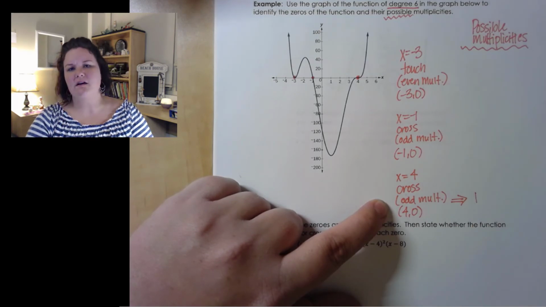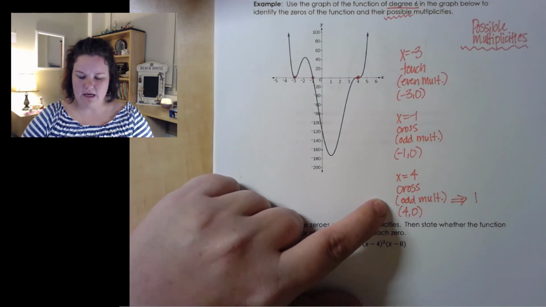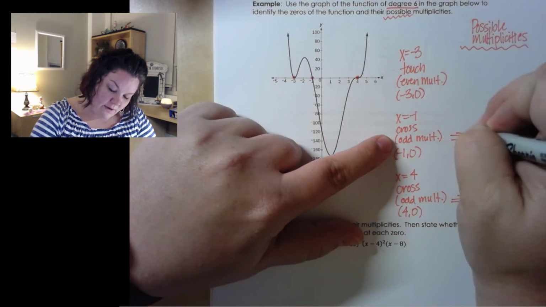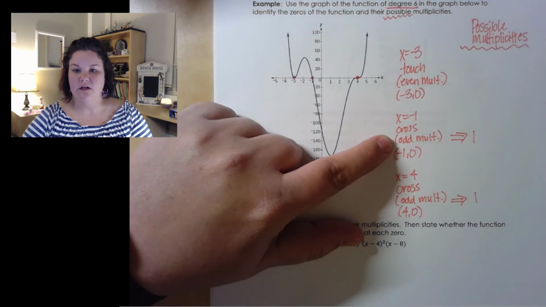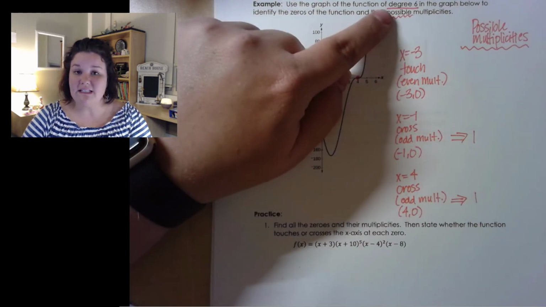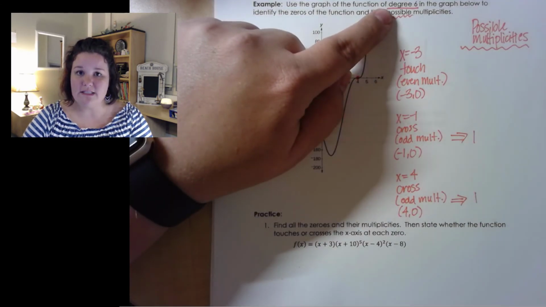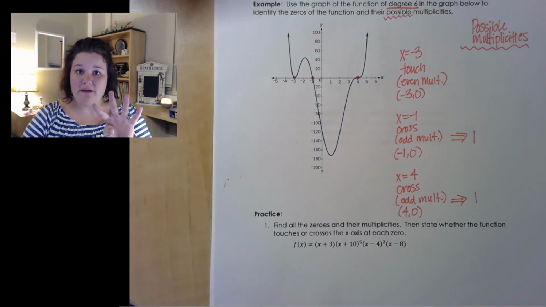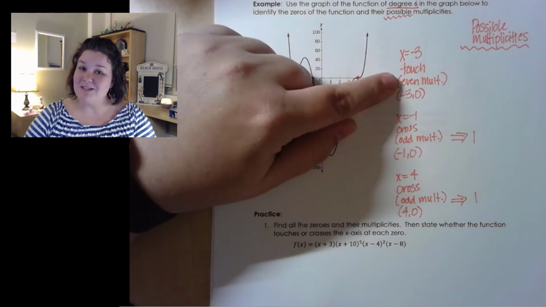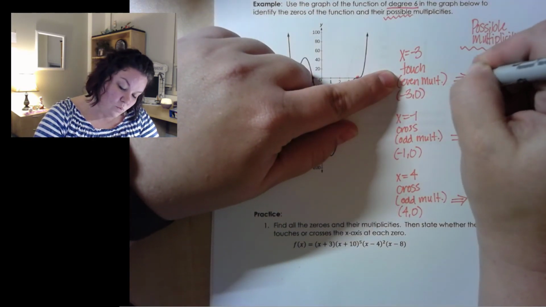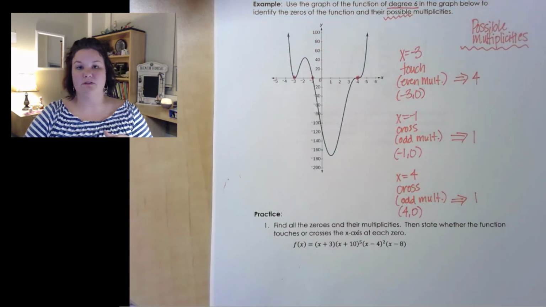Let's say we have 1 copy of that factor, right? And then this one also needs to be odd. So let's just go ahead and say we have 1 of that factor. So we've used 2 of the 6 that can come from a degree 6 polynomial. So if we've used 2 of them, that means there's 4 left over. So it is possible to have 4 of this one, right, because it has to be even. So this is one option for the possible multiplicities.